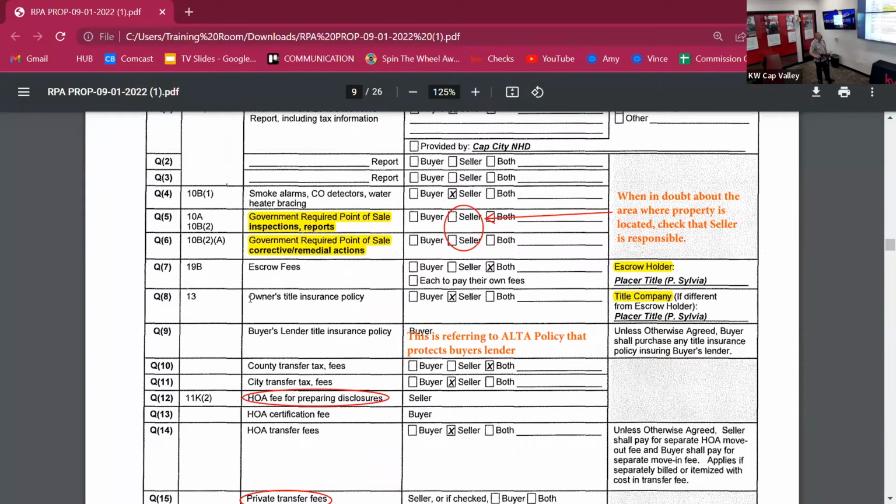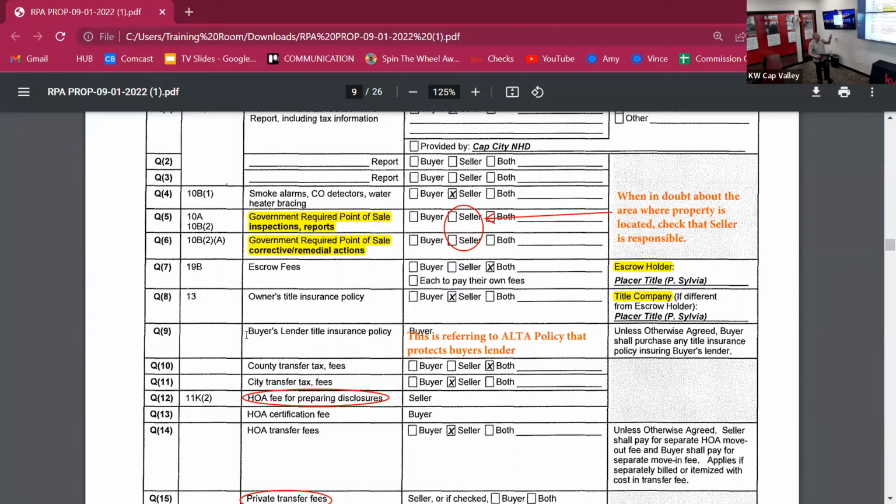A little quick educational thing. An owner's policy of title insurance is known as a CLTA, California Land Title Association. That's what we use here. That insures the buyer's title that is provided by the seller, and that is basically for the value of the property.